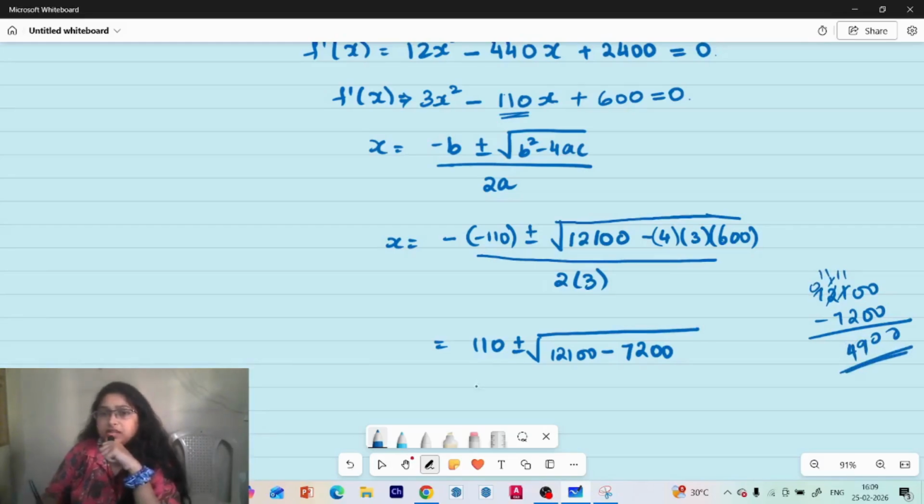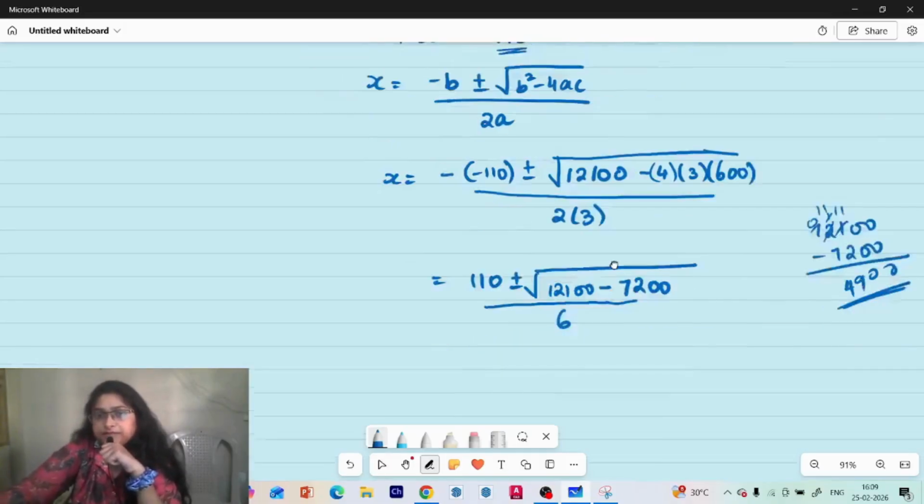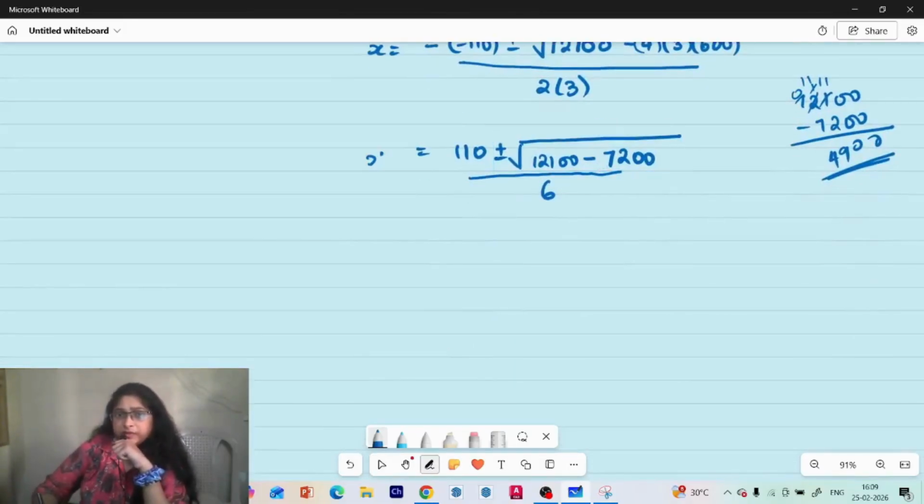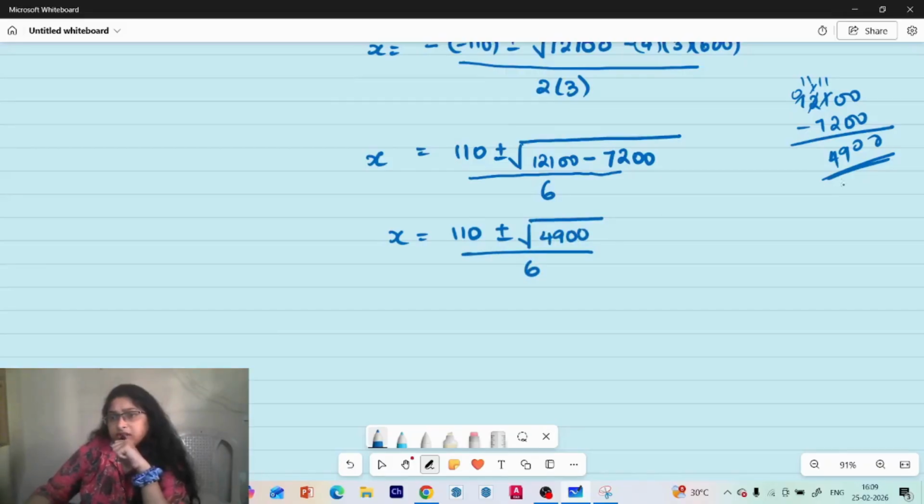So we have x is equal to 110 plus or minus under root 4900, by 6. What is root 4900?